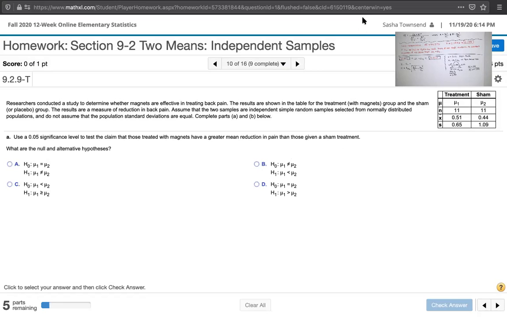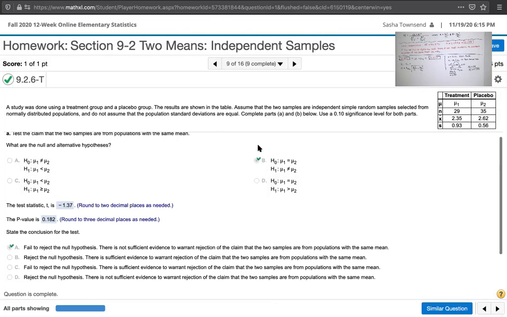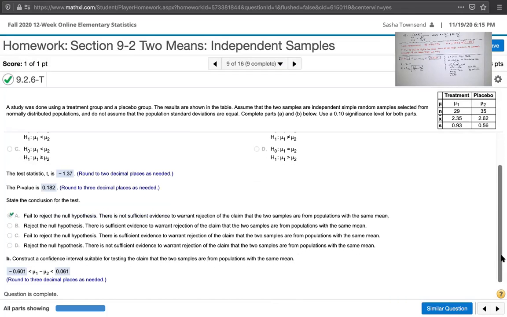Oh, that was the end of that question. Okay, actually, let's go back. I guess that's all they wanted. They want us to come up with a confidence interval, and they also wanted us to do that hypothesis test. Now notice that mu sub 1 minus mu sub 2 equals 0 is in this interval, which means that the null hypothesis may be true.